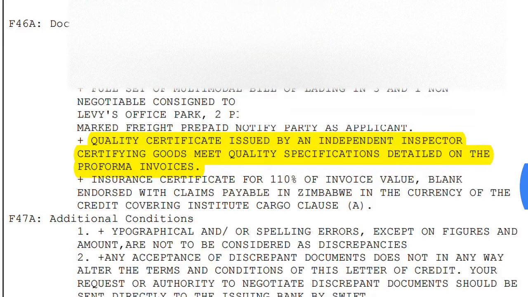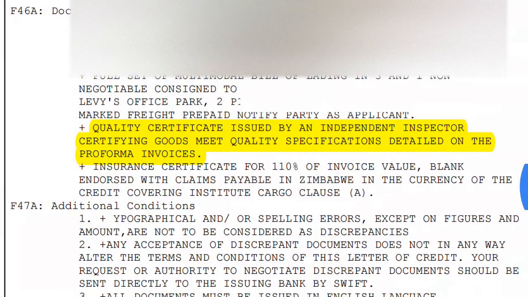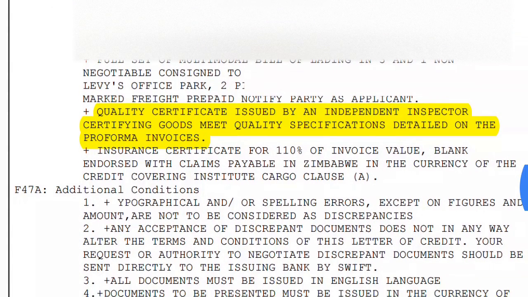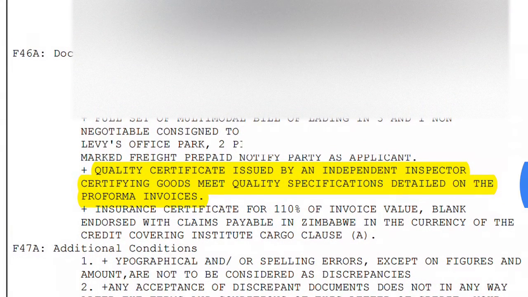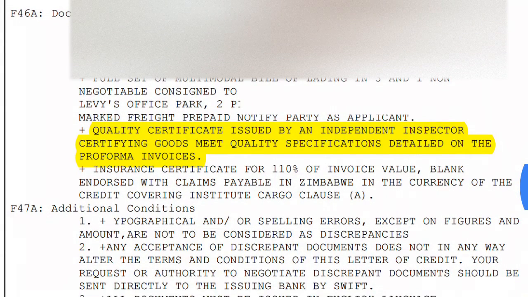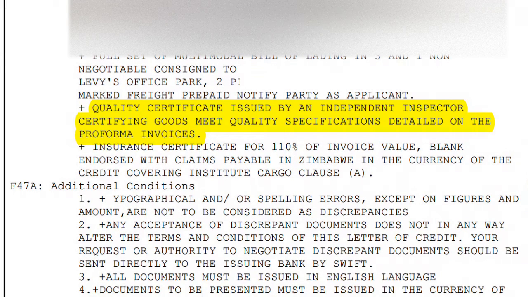We need to mention the PI number and LC number on the invoice. Second document, packing list in 3 copies, original. Third document, certificate of origin, 1 original. Fourth document, full set of multimodal bill of lading, 3 originals and 1 non-negotiable, consignee to order.